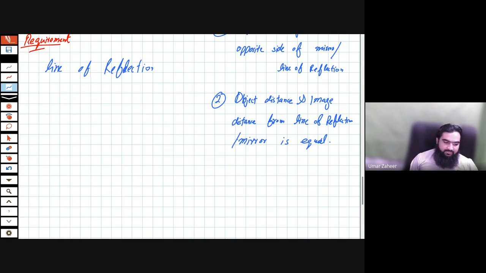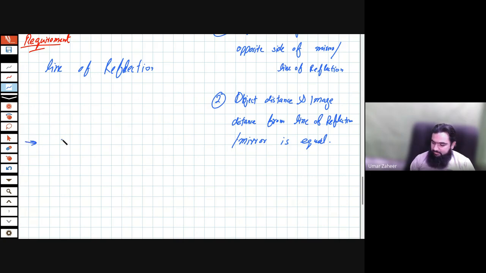At your level, sometimes the examiner gives you the object and the line of reflection, and you have to make the image. And if the examiner gives you the image and the object, you have to draw the line.